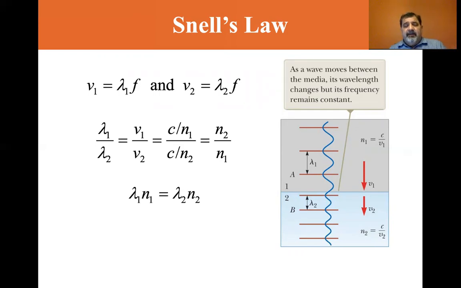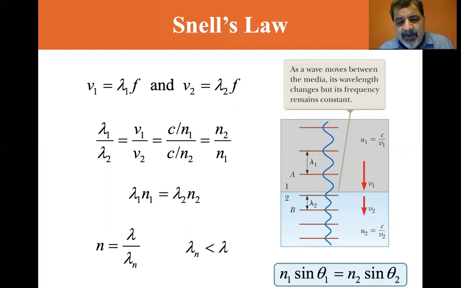So if you multiply those out on both extremes, you get lambda 1 n1 equals lambda 2 n2. And n is equal to lambda divided by lambda n, where lambda n is less than lambda.